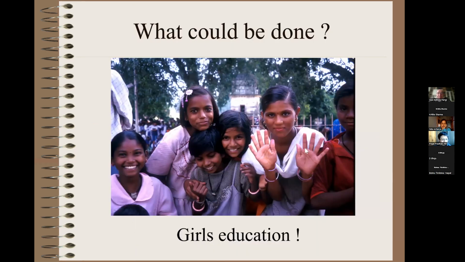What could be done? These are girls I met in Khajuraho. This is the most important thing, education of girls and the social education also of the boys. They must respect the girls. I know that this is a very hot issue in some countries.